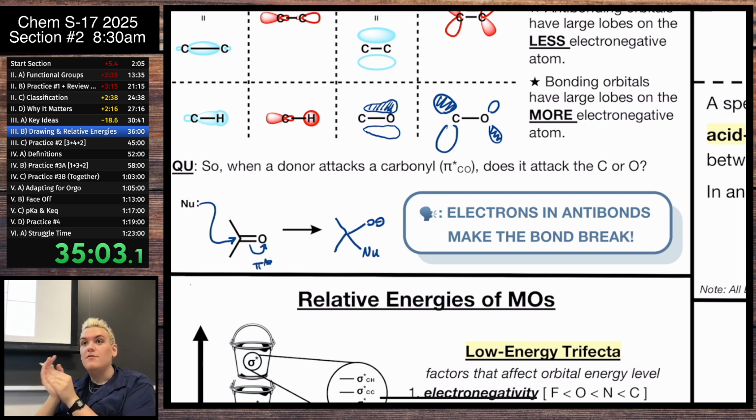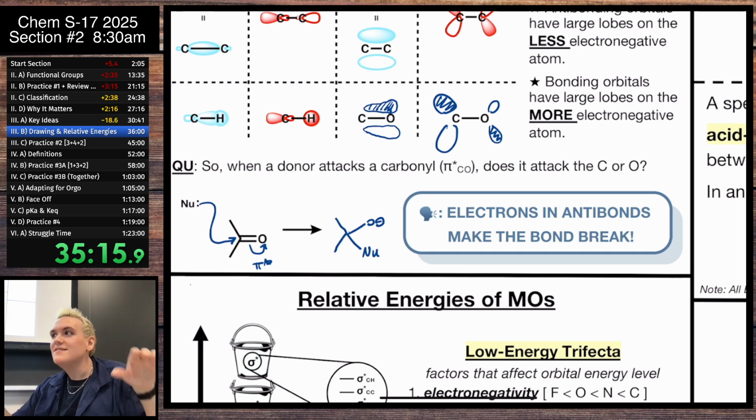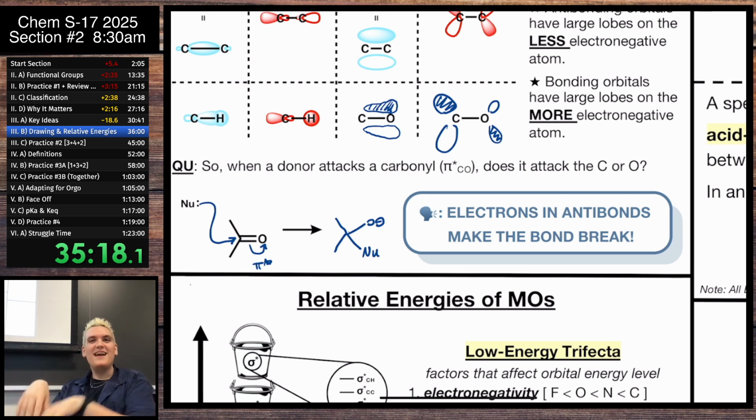I'm going to do a little Pavlovian conditioning, and we are going to say this about 4 times. We're going to start off really quiet and reserved, at a whisper level, okay? Everyone together. Electrons in antibonds make the bond break. Great. Now we're going to say it at a conversational level.